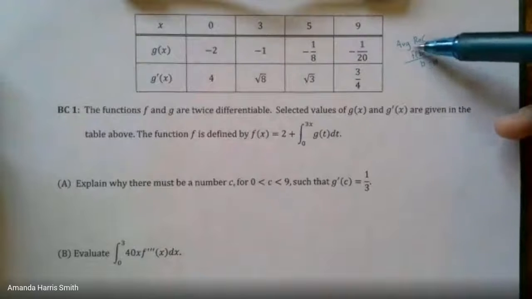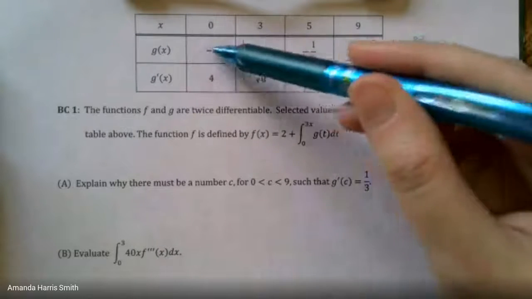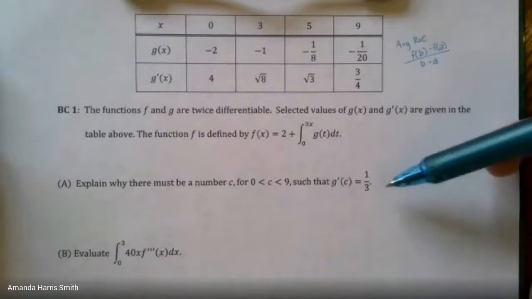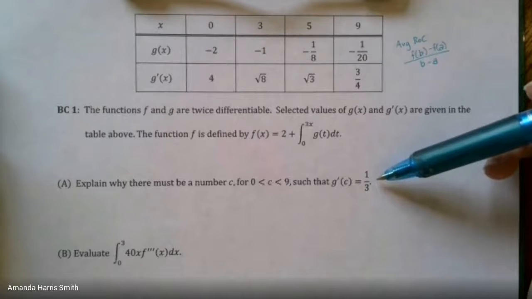If I can make that equal 1/3 for g of x, then I can use the mean value theorem to guarantee that this has to exist.